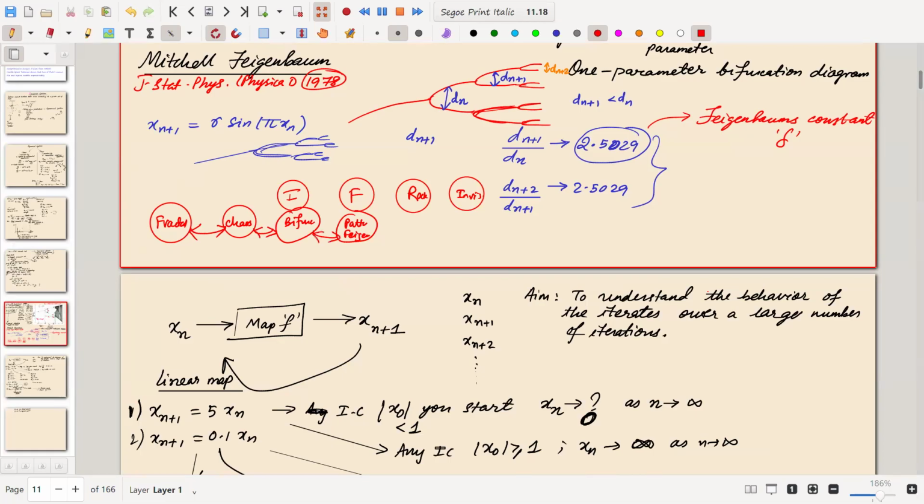All of this happens in this one parameter bifurcation diagram, and also in any 1D map, even any 2D or 3D maps you can take. It will happen. How do they talk with themselves?